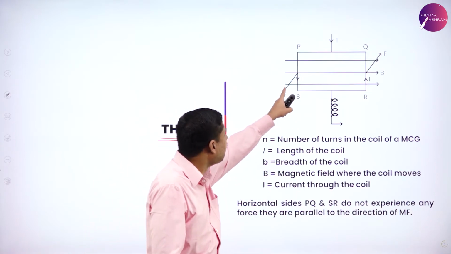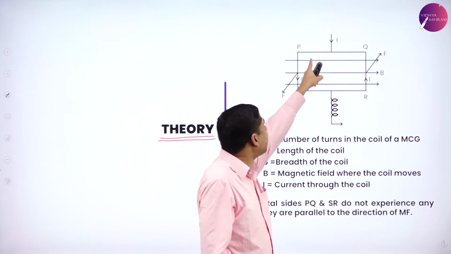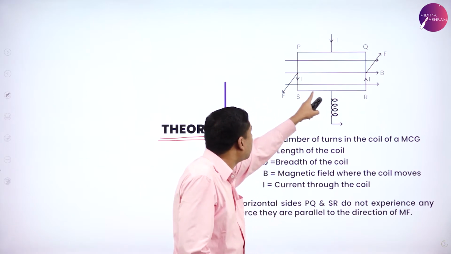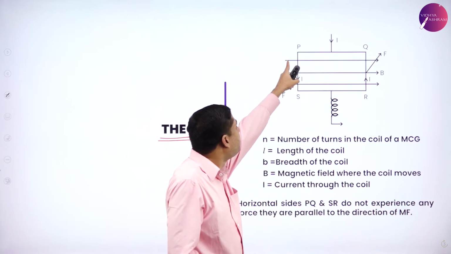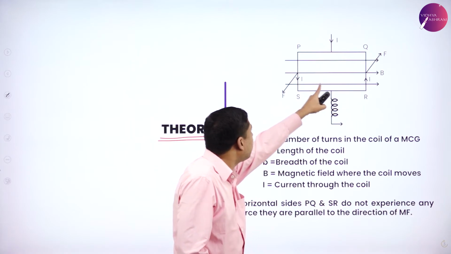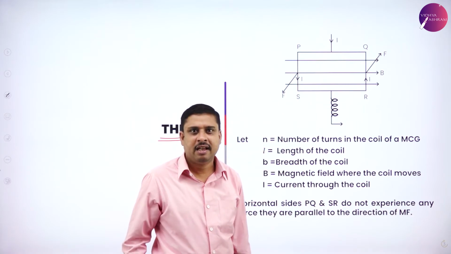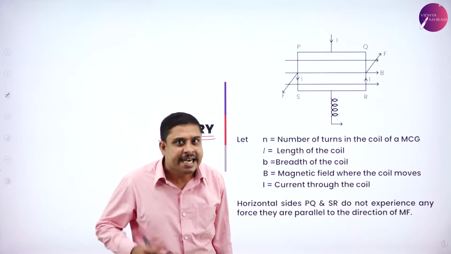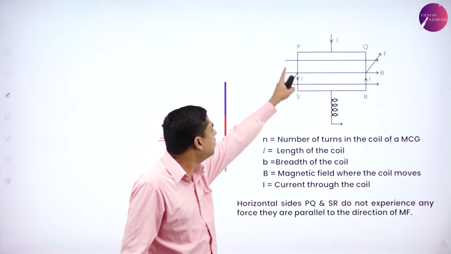Now, this is the rectangular coil P, Q, R and S, as shown in my earlier diagram.